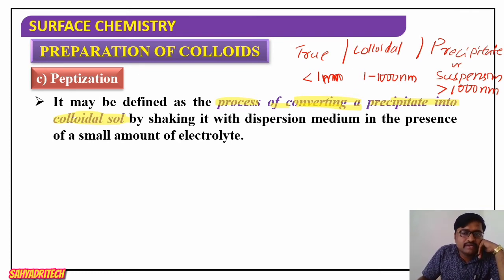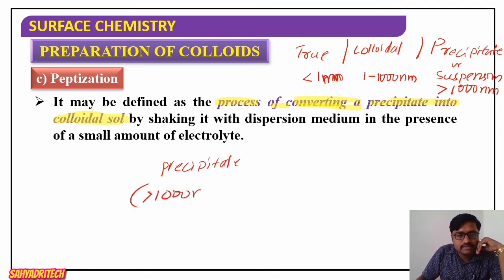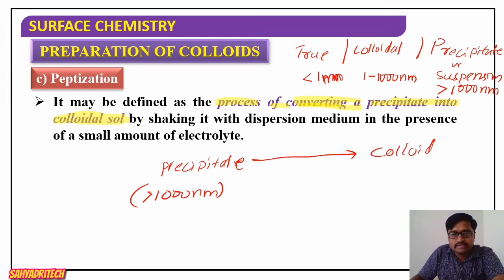Now, peptization is the process of converting a precipitate into colloidal sol. A precipitate, what about the size of its particle? It will be greater than 1000 nanometer. A freshly prepared precipitate can be converted into colloids, where the size of the particle must be in the range of 1 nanometer to 1000 nanometer.